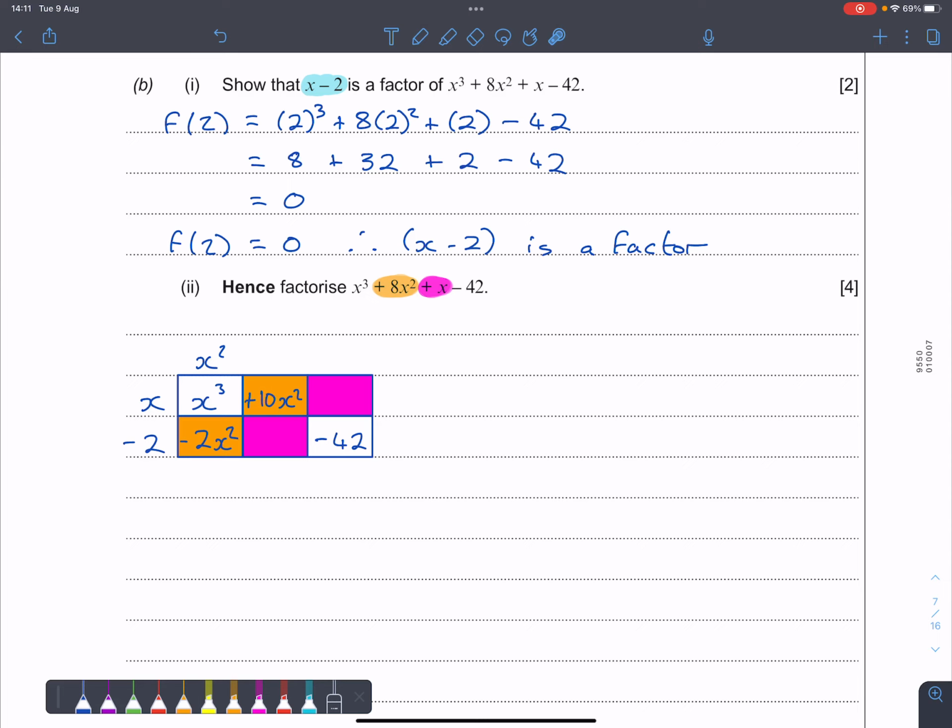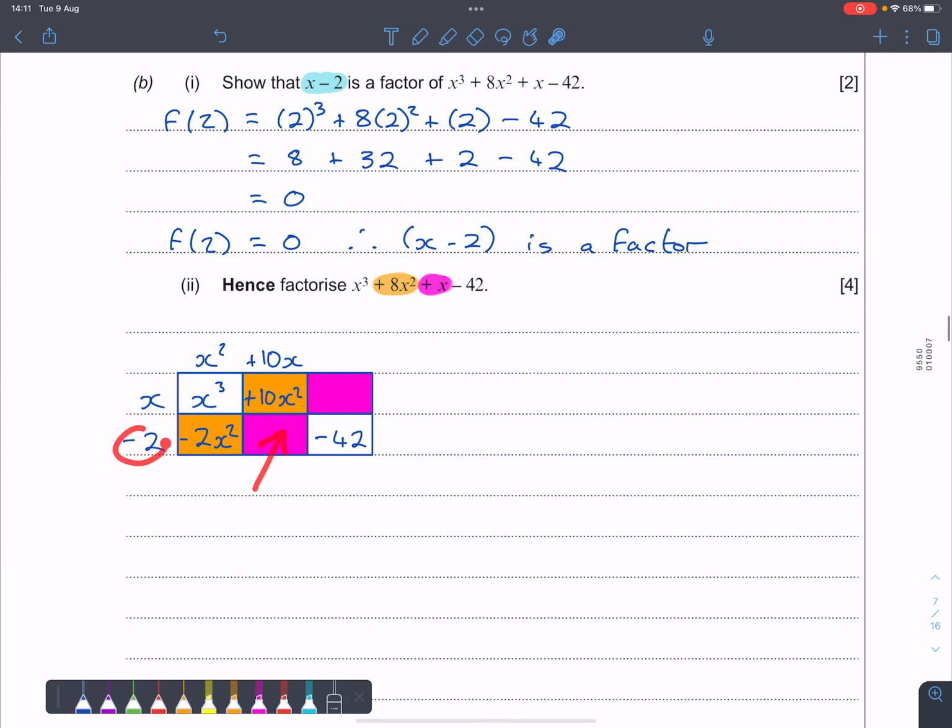And then I'm going to repeat this process. So x times something is 10x squared, so that's going to be plus 10x. I can now fill in this box down here because that is negative 2 times 10x, so that's negative 20x. And I know that these two boxes are going to give me overall 1x.